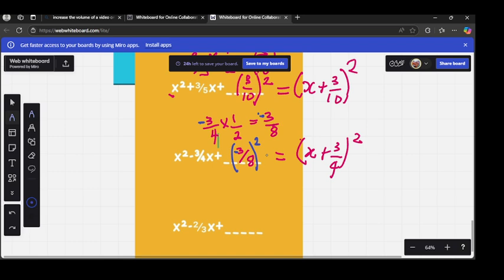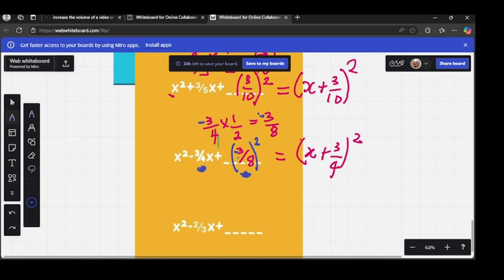Now, next thing. If I should factorize this, what is this the square of? Please remember to take this number here and not this number here. So if you can see clearly, I used 3 over 4, but I should have used minus 3 over 8.